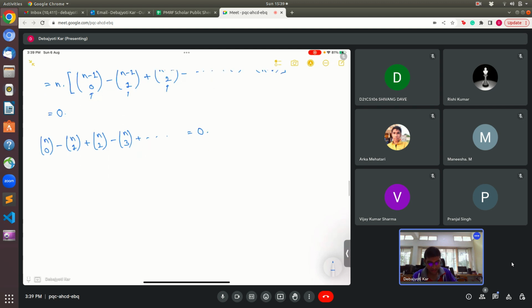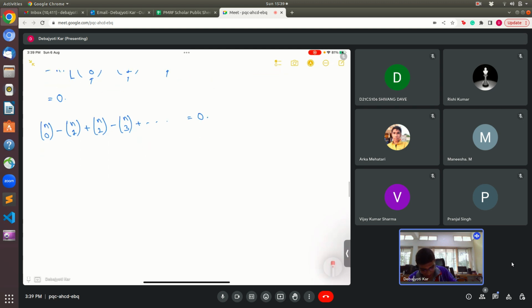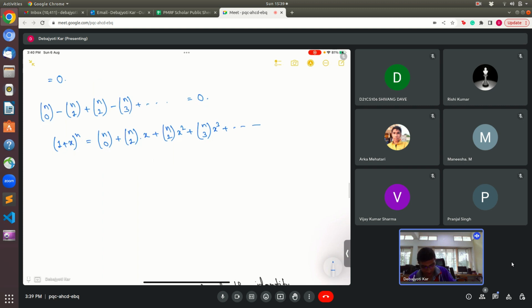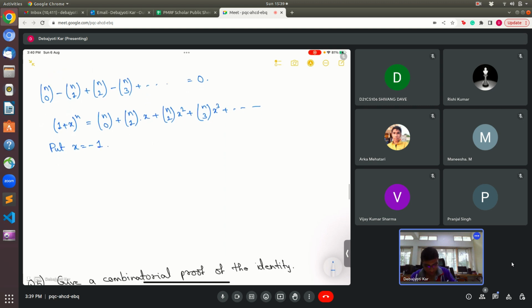And why is that the case? Because if you look at the expansion of 1 plus x to the power n, now in this expansion, if you put x equal to minus 1, then the LHS will become 0.